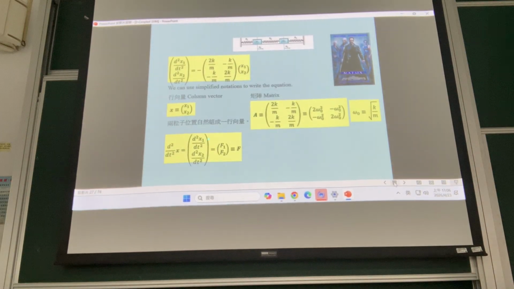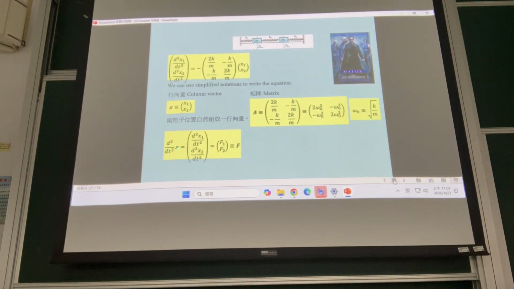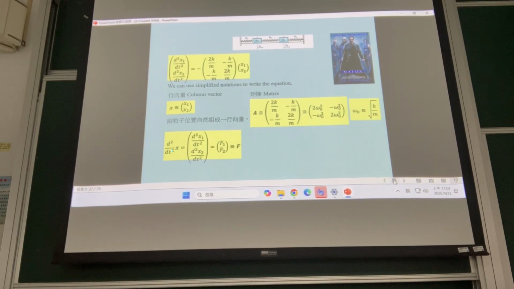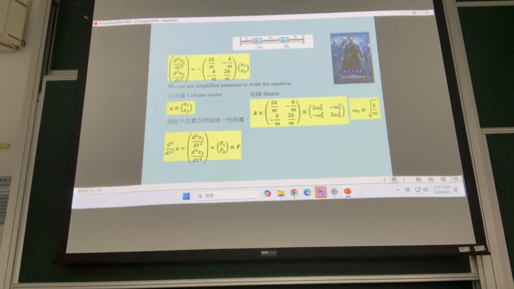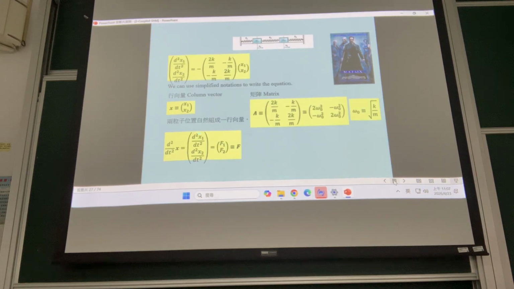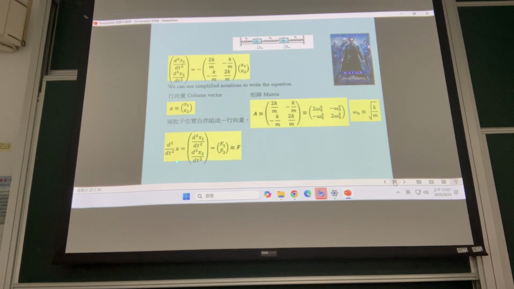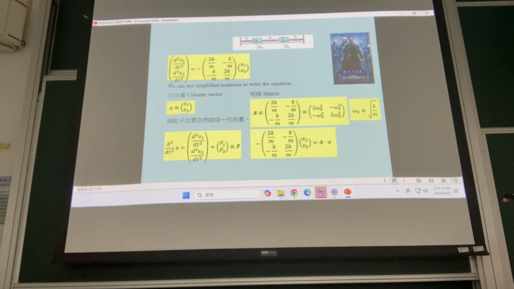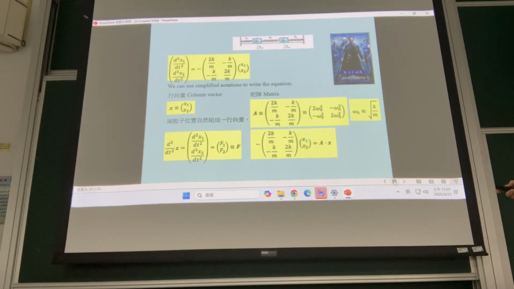And therefore this bold X, taking second derivative, could be defined as x1 second derivative and x2 second derivative as the first and second elements of a column. And this is equal to A times x1, x2. I will define it as A times x.